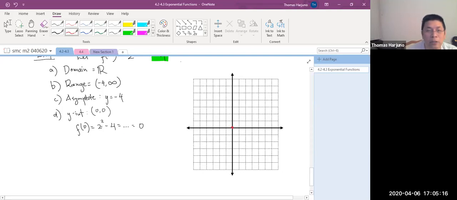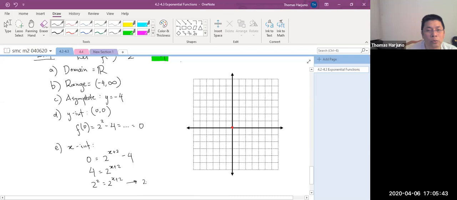How about the x-intercept? I set y equals 0: 0 equals 2 to the x plus 2 minus 4. And then 4 equals 2 to the x plus 2. So 2 squared equals 2 to the x plus 2.